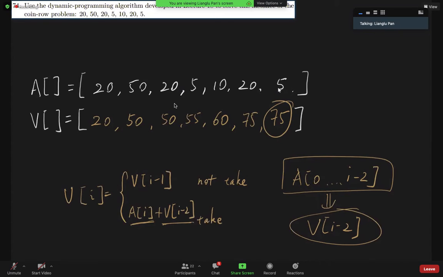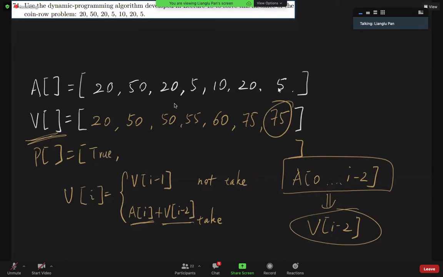Of course, if we only use one single additional array V here, it looks like we can only get the maximum amount of money, but we cannot know which coins we've picked and which coins we have not picked. But of course, we can use another array I'll call P, indicating whether we are picking a coin. Then every time we calculate a value in the V array, if we take that coin, we can change the value to true in the P array.